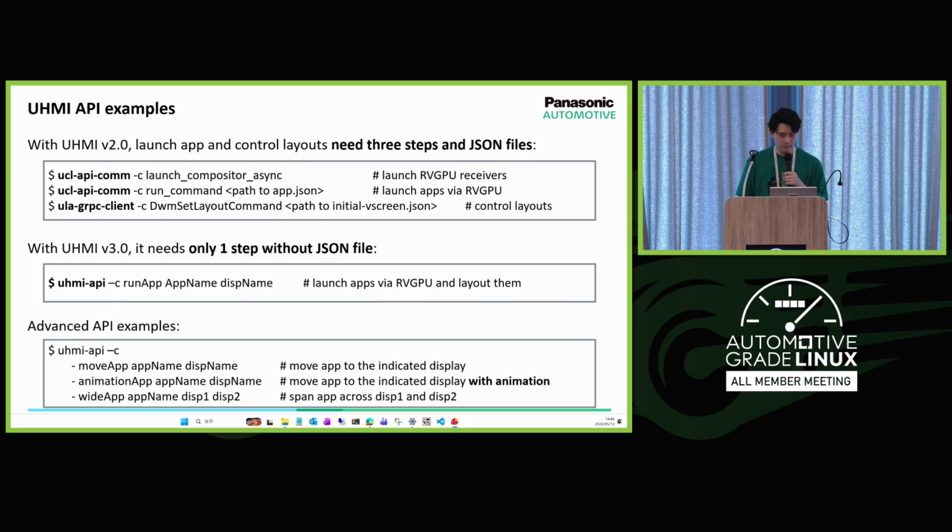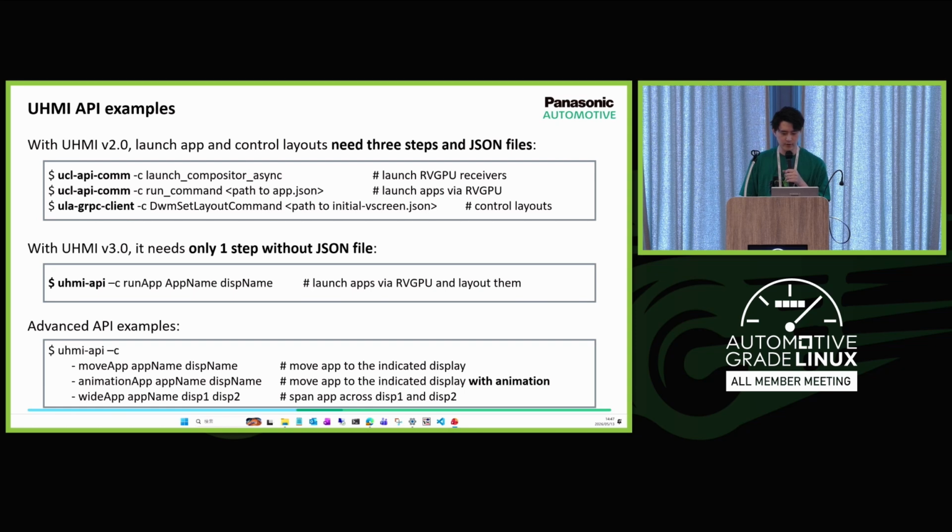For example, move up can move application to the indicated displays at runtime, and animation up can move application dynamically with smooth animation. Also, wide up enables applications to span across multiple displays. In short, Unified HMI version 3 shifts layout control from configuration-driven workflows to interactive APIs.